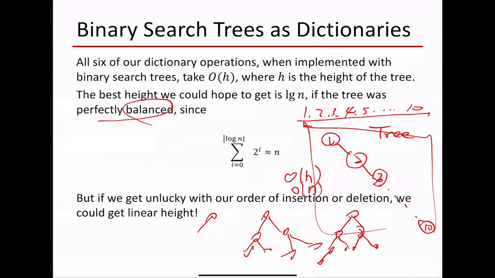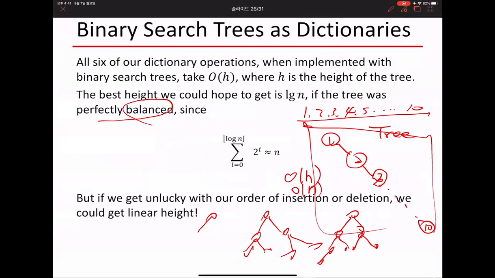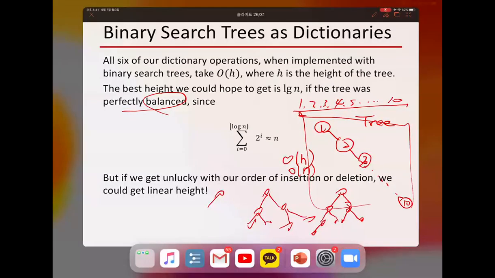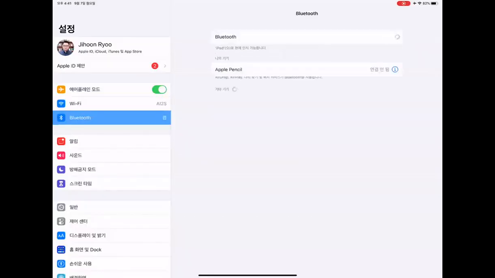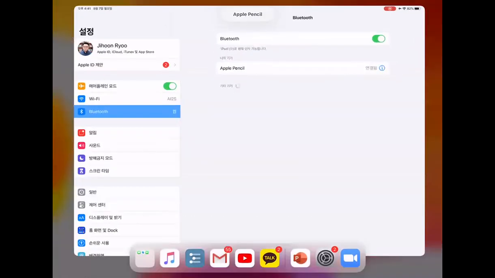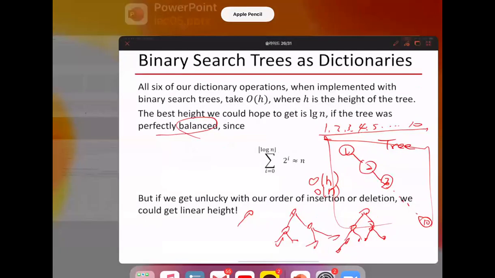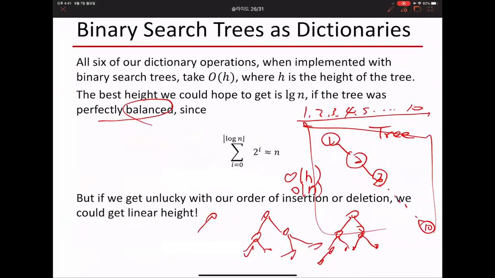So if you're unlucky with the order of insertion or deletion, we may get linear height, which is a function of n. Okay, so going to airplane mode disables my phone and my pencil too.